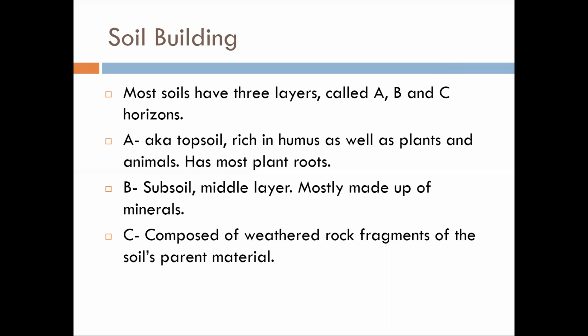Rich in humus as well as plants and animals. And it has the most plant roots. So this layer has the most plant roots, and it's rich with the decaying plants and animals.